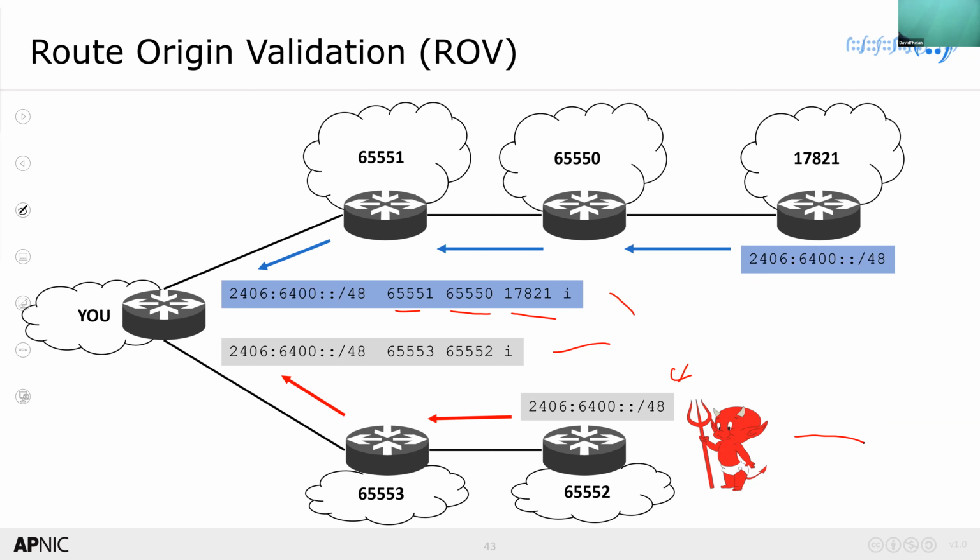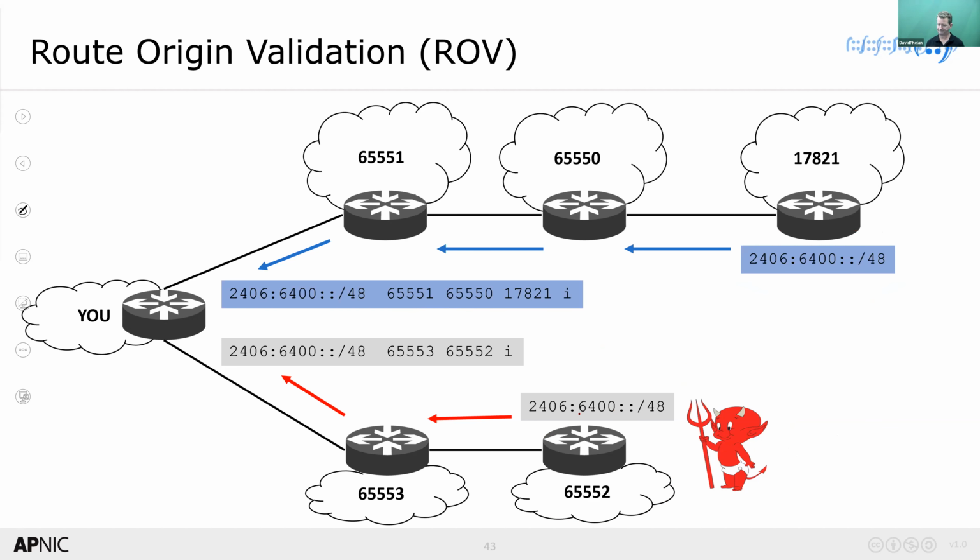Question is why? Why is that going to wind up in my route table? With no other mechanisms, what does BGP do? Lower AS path, correct. Shortest AS path wins. So guess what? Traffic that I thought was going here is going here. Not so great.